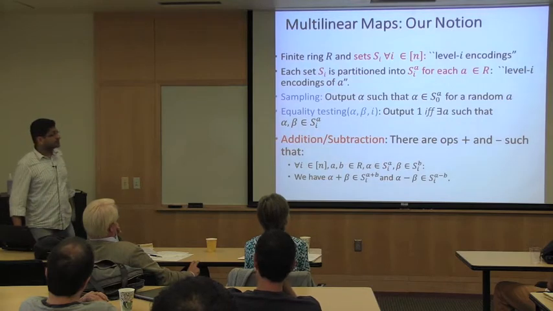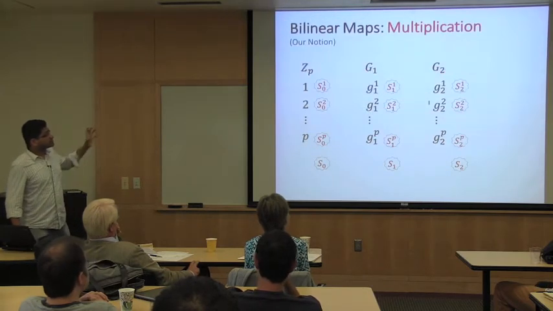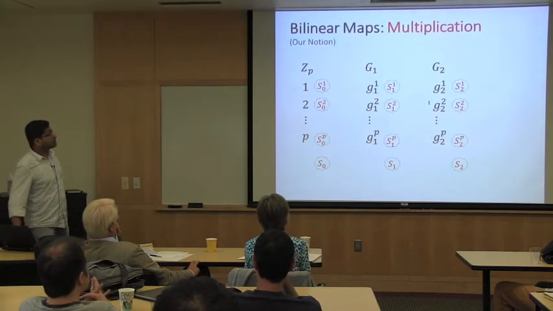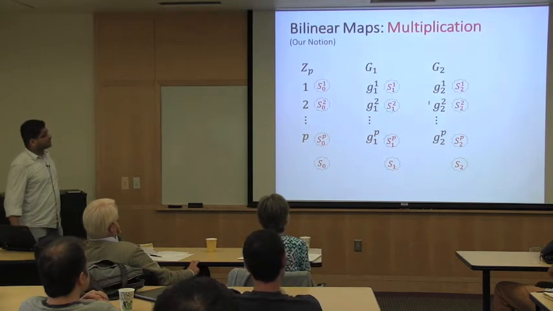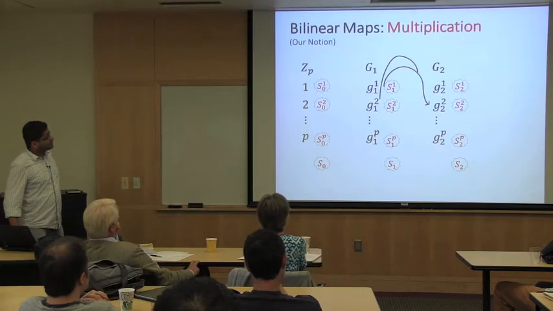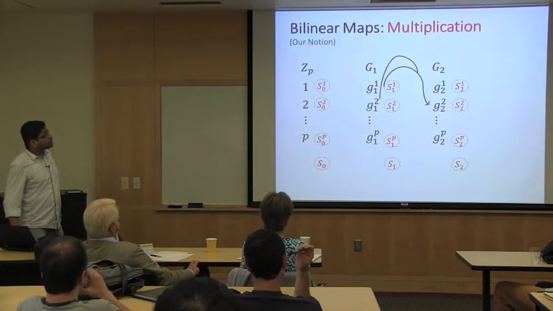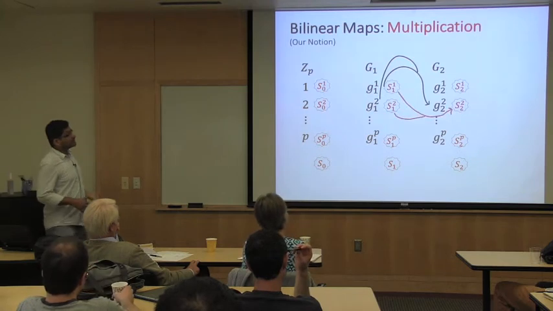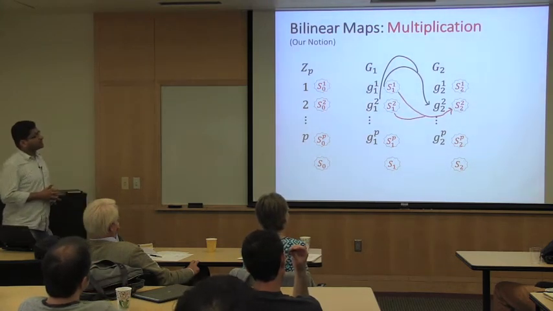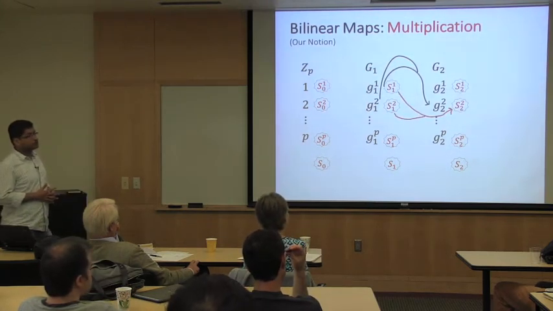Multiplication corresponds to the pairing operation in the setting of bilinear maps. So if you paired elements in G11 and G12, you got G22, and we're now going to require that if you pair any element from S11 with an element in S12, then you get an element in S2.